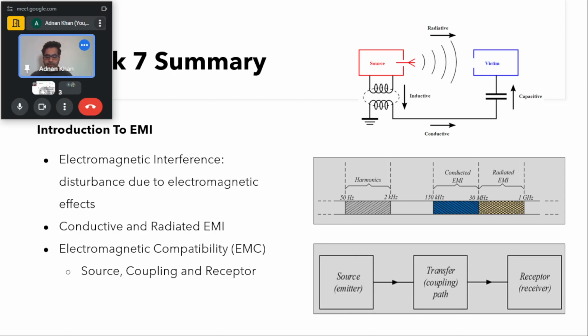The operation of that component or that part of the converter should not get hampered or affected by it. So we have three places: at the source, we want to limit our EMI; in the coupling path, we want to hamper this EMI as much as possible; and if EMI still reaches the receiver end, the receiver should be able to withstand whatever EMI reaches it, and it should not malfunction.